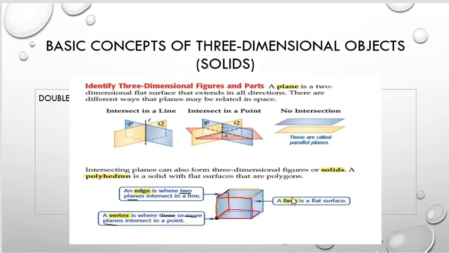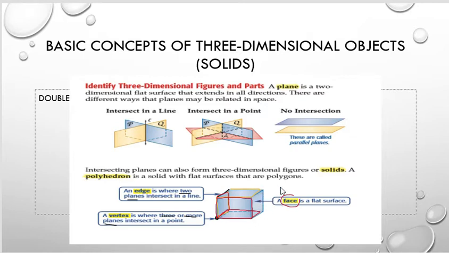The other term that you need to understand is a face. Remember, when dealing with nets of a certain solid, if we cut a certain box and you see that it's already laid out in a plane, you would see that it is composed of different figures or different planes.